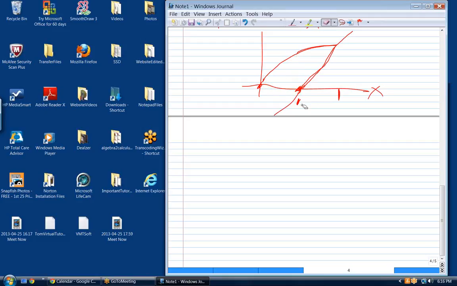But if you notice, I'll just point this out in case you have it, if we break this thing up into horizontal rectangles, now I can do the whole thing in one step. I can do the right function minus the left function, integrating along the y-axis from there to there.